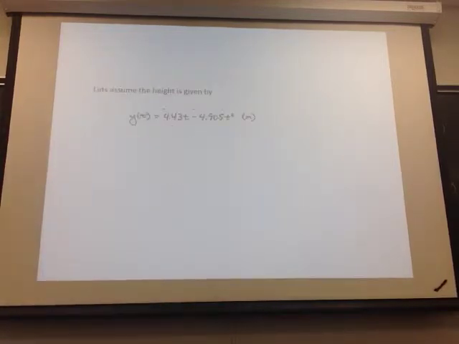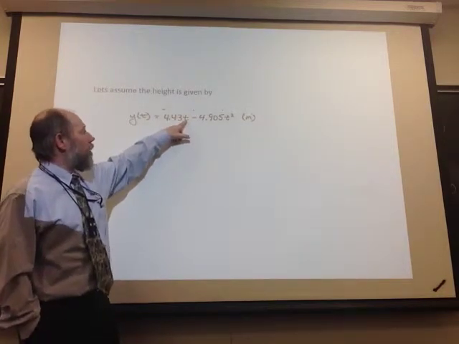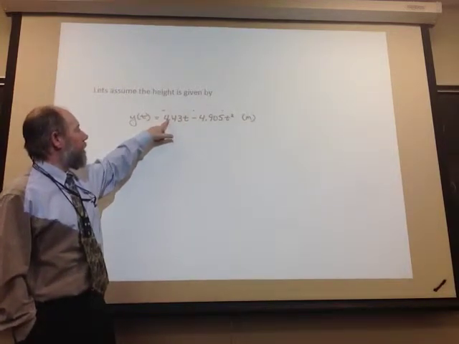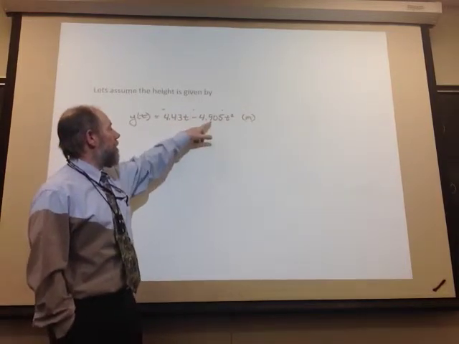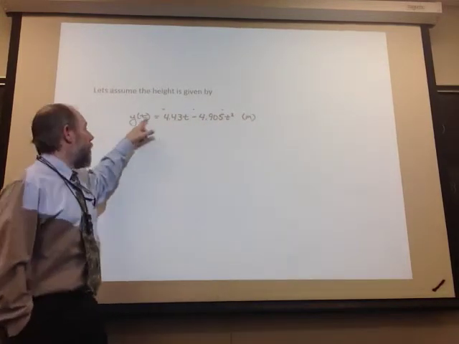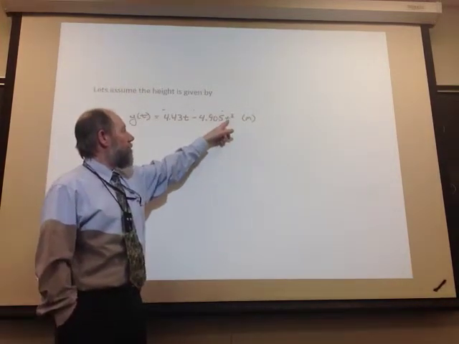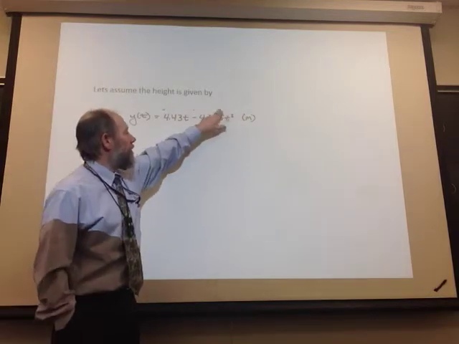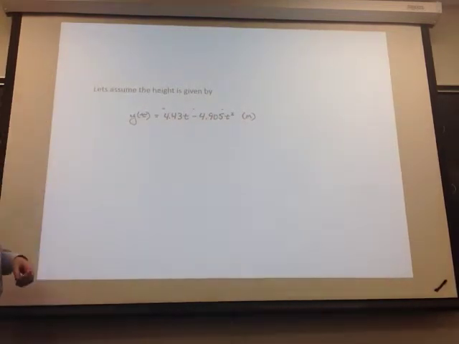So let me go back to here. Because at low time, 4.43 times t is a larger number than this number, and so y is getting bigger. But at some point, when time is very large, this value is bigger than this value, and so y begins to get smaller.